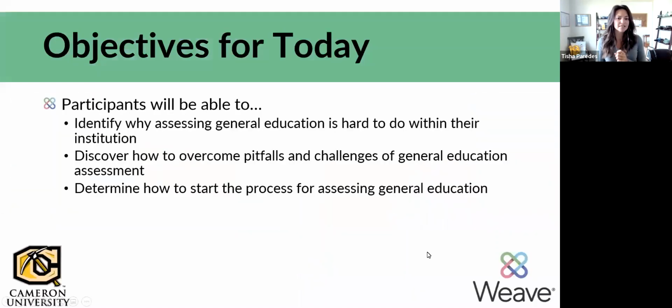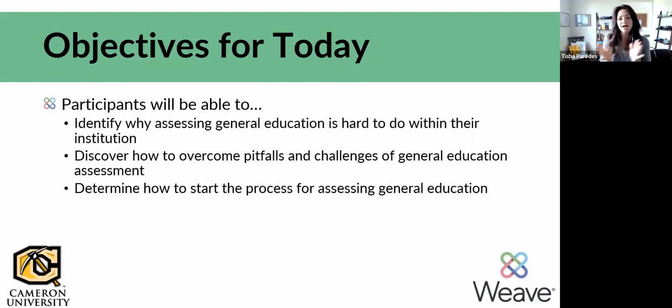Like any good assessment people, we have some objectives for today. We'll give you a quick overview. There's only so much we can do in about 50 minutes or so, but we'll talk a little bit about why assessing gen ed is hard to do within your institution. We're doing that within the context of a case study model.